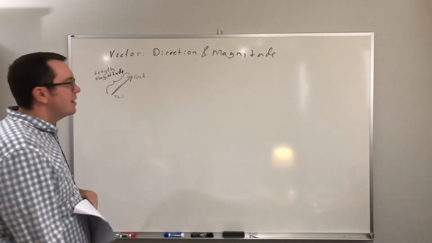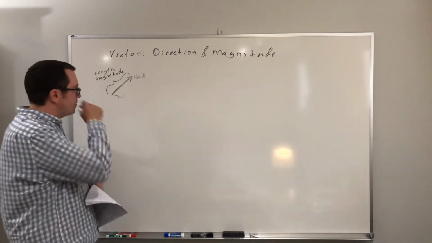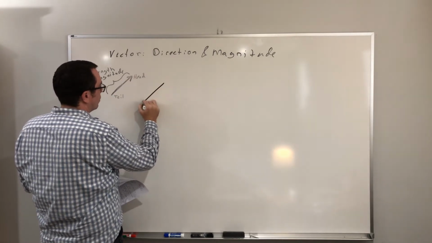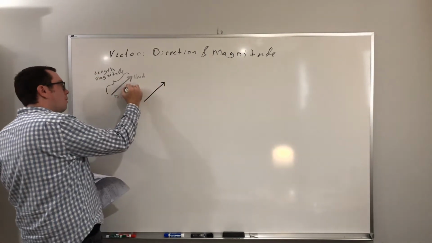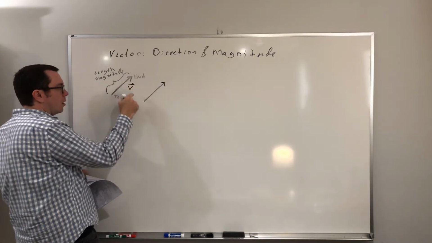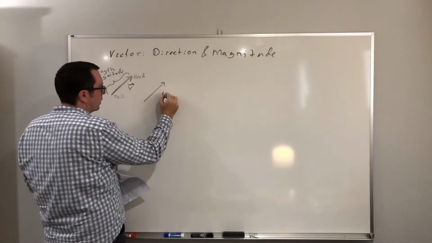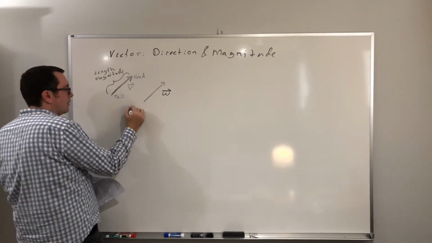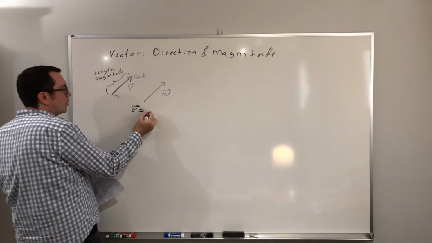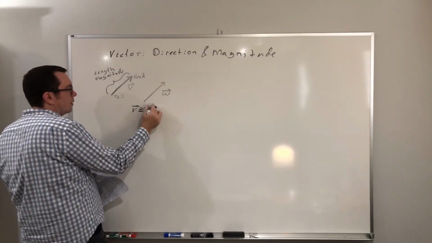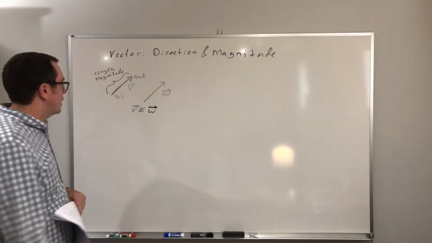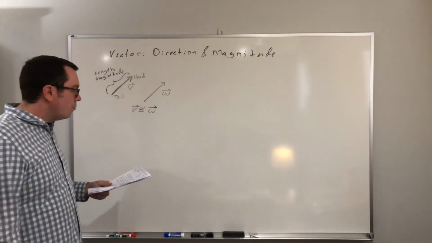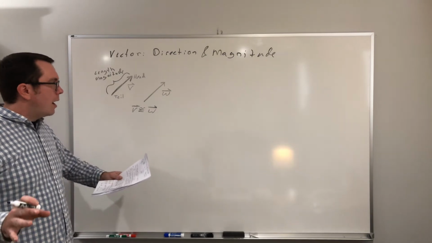So that means that this vector, if I were to copy its direction and magnitude over here, if I call this vector V, we sort of put that harpoon on it, and I call this vector W, because they're the same direction and magnitude, I could say that V is congruent to W.